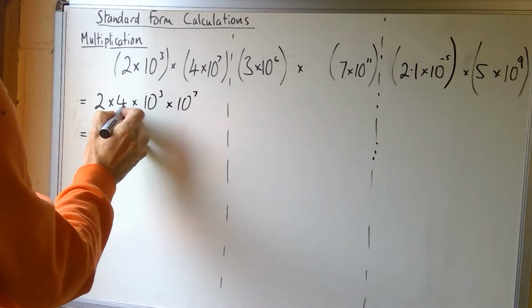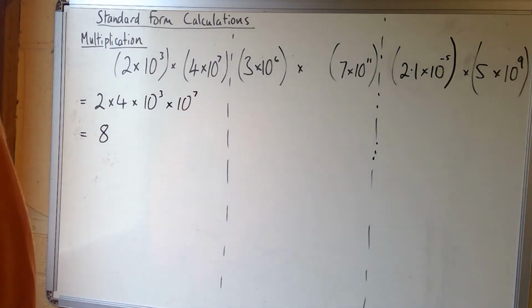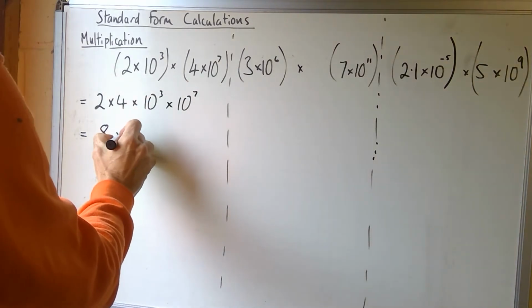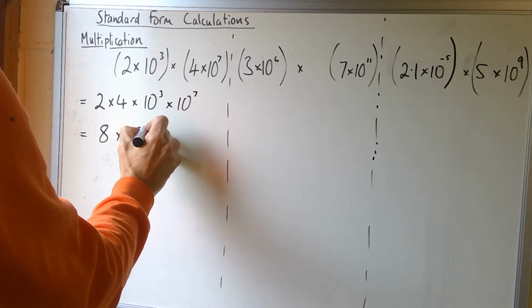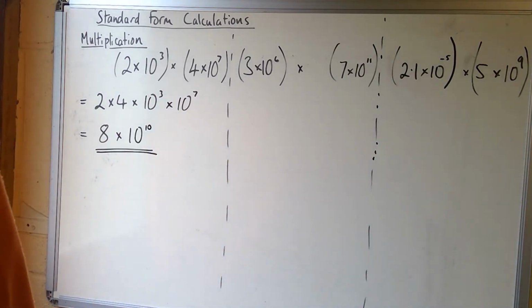So 2 times 4 is 8, and when we're multiplying powers of the same base, you should remember these rules from laws of indices, we add the powers. So it's 8 times 10 to the 10, and that number is already in standard form, so I've multiplied those together quite quickly.